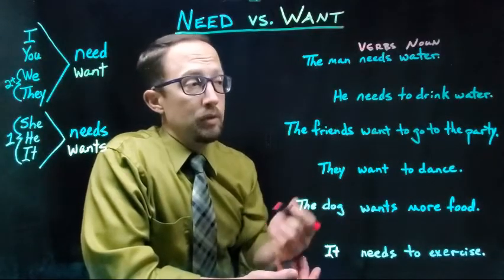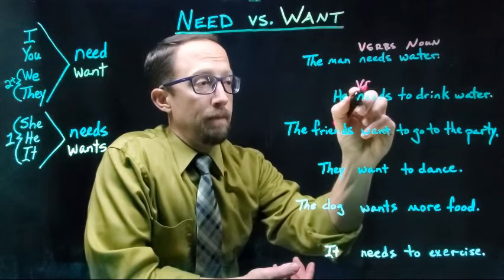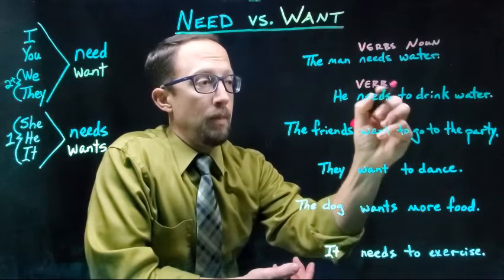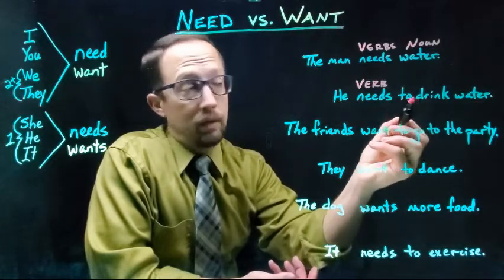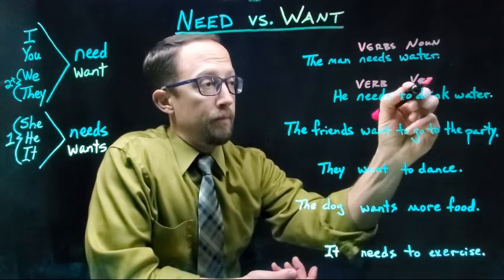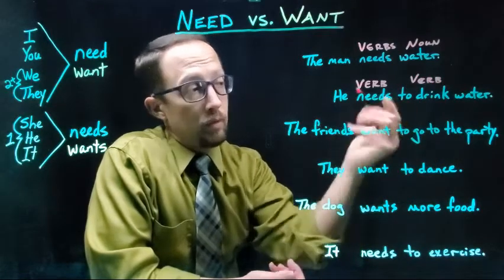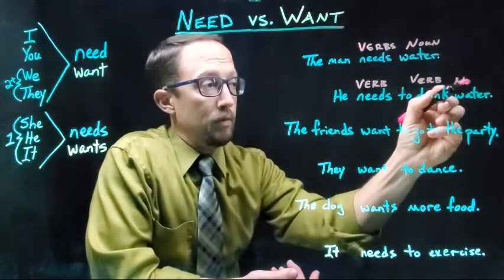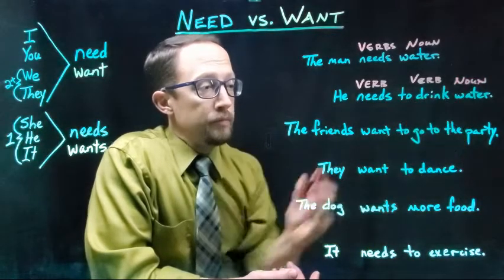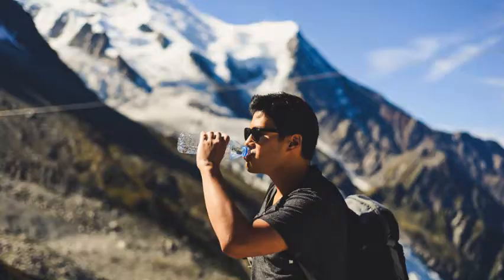You can also use a verb, like needs is a verb. Also, drink is a verb. And you can use just two verbs, or you can add a noun also. So like, he needs to drink water.